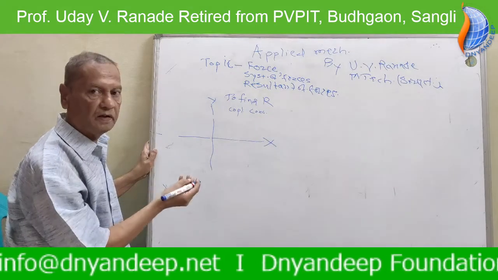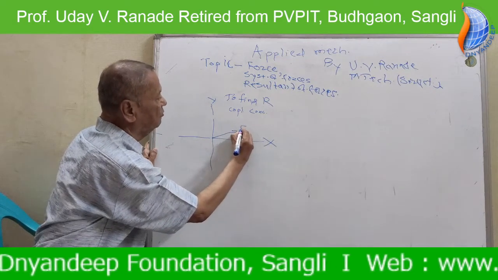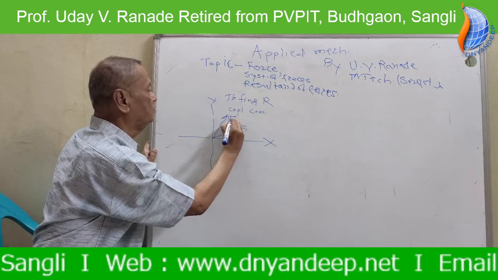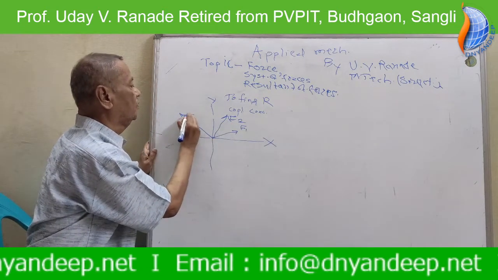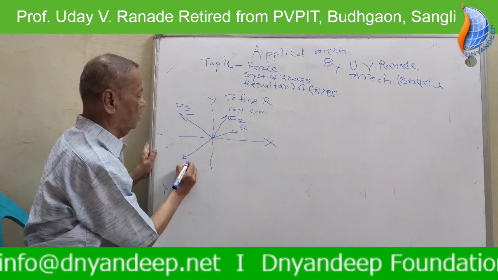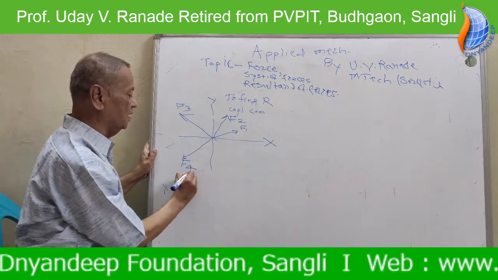Then I will take one example. Suppose F1, simple cases, F2, F3, F4, or F5, F6 like that.